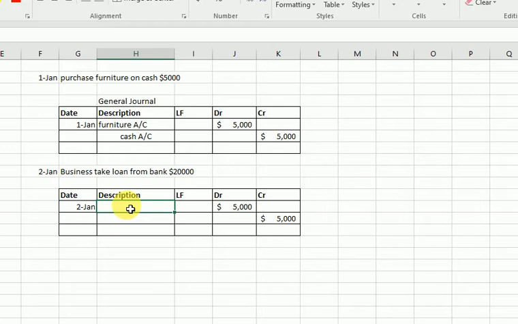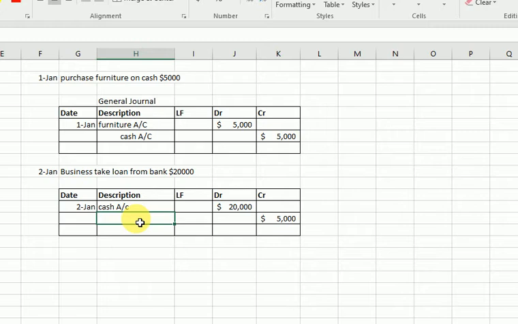Assets are increased, and according to the rules, an increase in an asset is recorded as a debit. So the cash account is debited. In the debit side I will write, not in the credit side. The credit side will remain empty. So cash is recorded as a debit by $20,000.